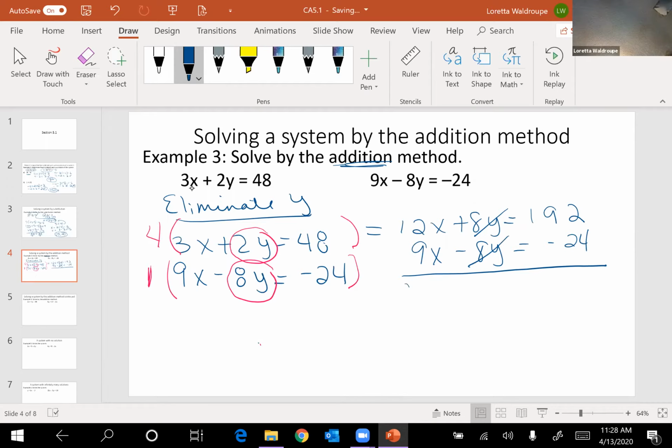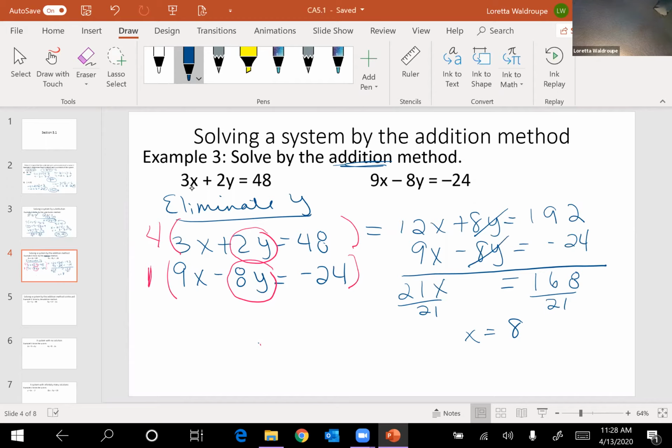So adding, 21x equals 168. Divide both sides by 21 to find x, and x equals 8. Are you with me? Okay.